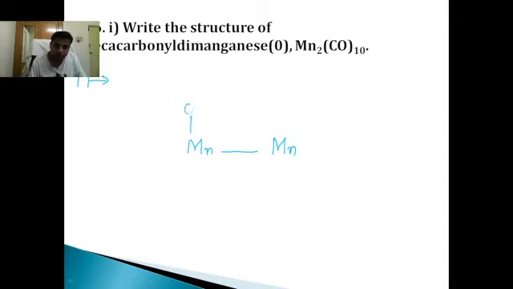Look here, carbonyl. It is an organometallic complex, isn't it? Just observe the structure. This is one carbonyl, next carbonyl, and then carbonyl.